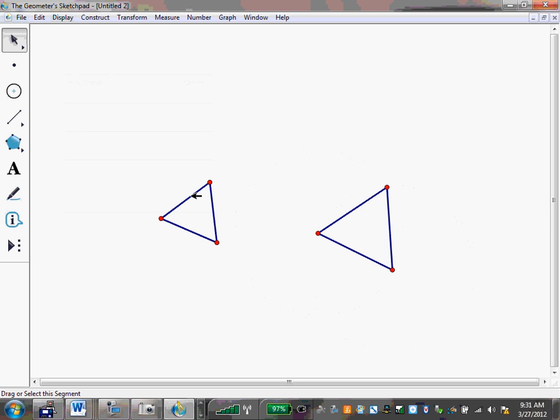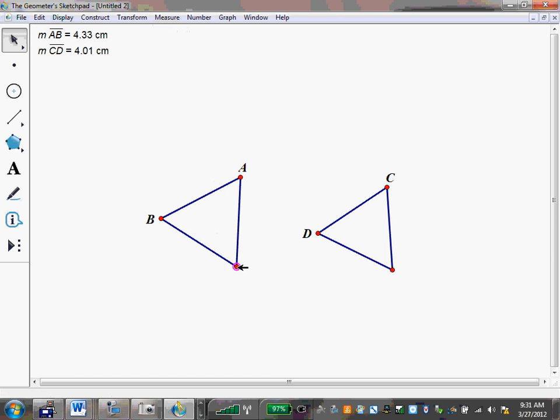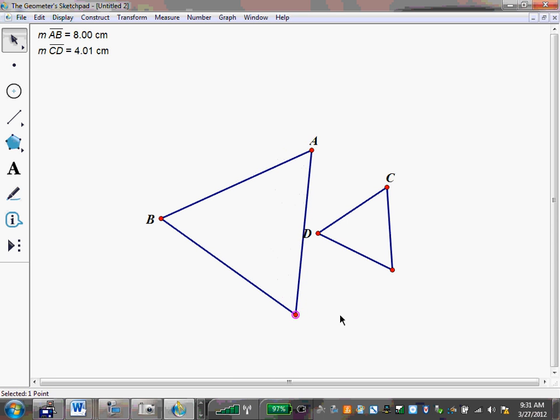So I'm going to highlight the length of each one of them. Let's see, let's make this one to maybe we can shrink this one just a little bit. Oops, I had it.